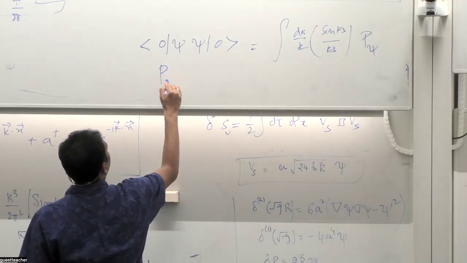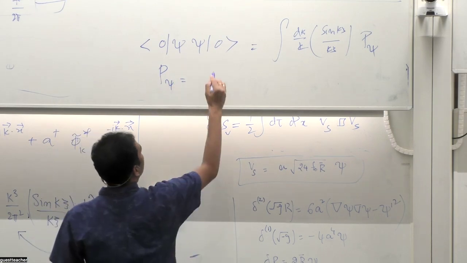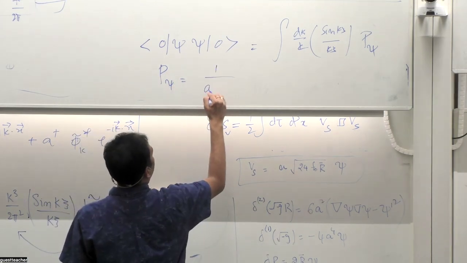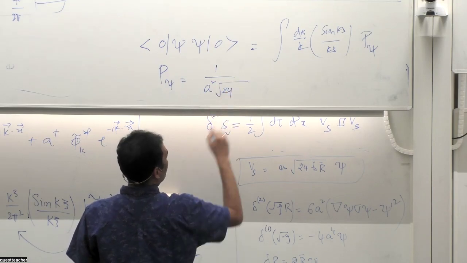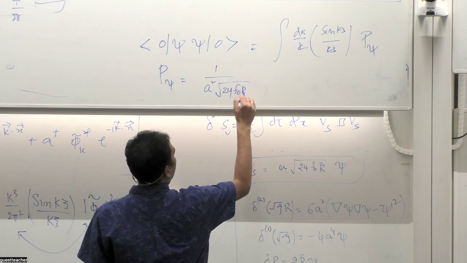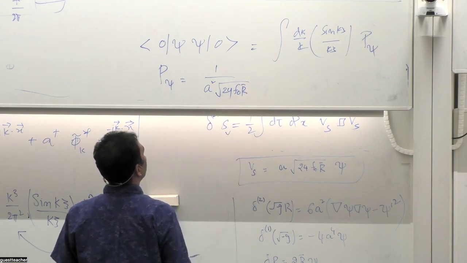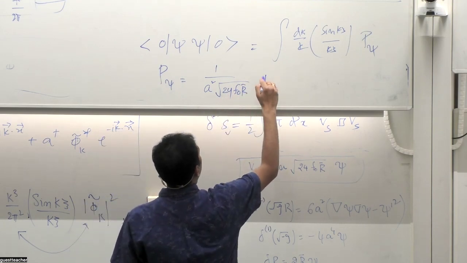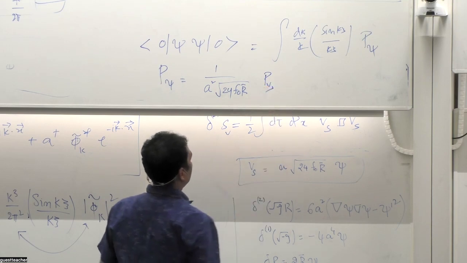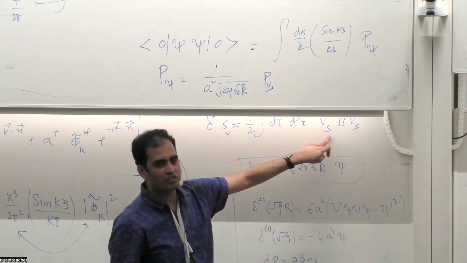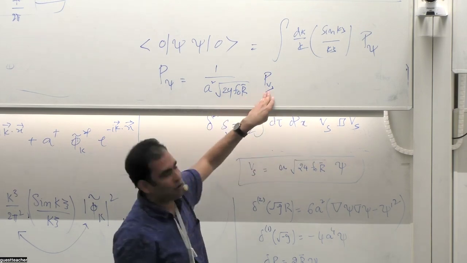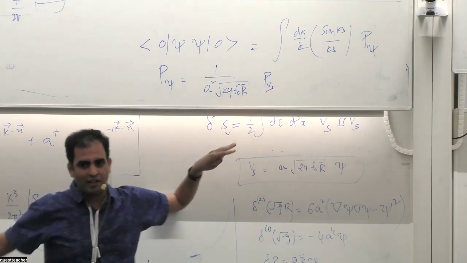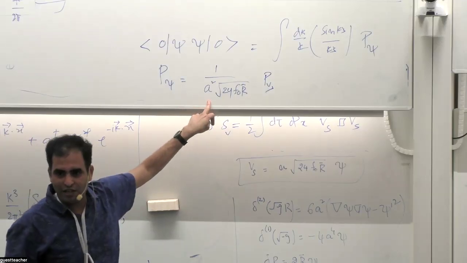And P psi is 1 over a square root of 24 f0 r bar, P vs. Because you compute the modes for vs and repeat the same procedure, you get a power spectrum for vs similar to the phi tilde field, and there is a square factor.